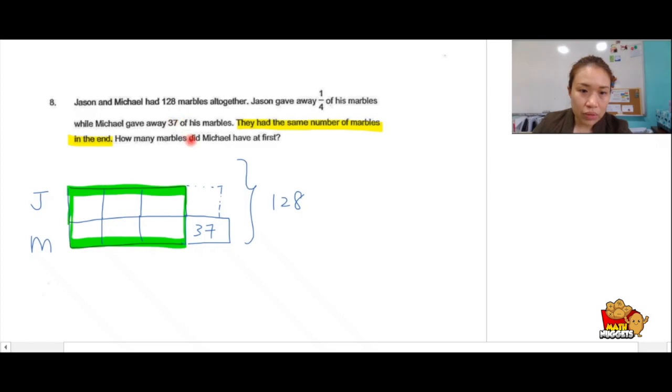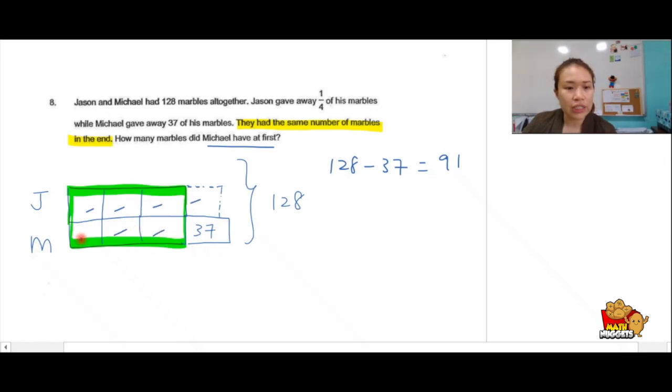Okay, so the question wants us to find Michael at first. So based on the model, 128, I take away the extra part, which is 37. So 128 minus 37, I get 91. 91 would be how many units? 1, 2, 3, 4, 5, 6, 7. 7 units is 91. 1 unit is 91 divided by 7, which is 13.